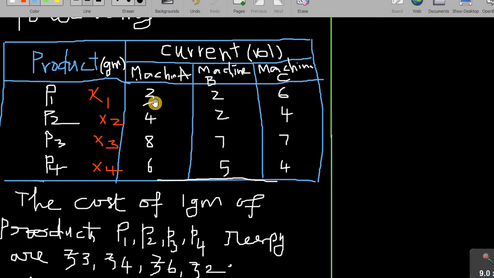Am I correct? So the total must not go above that.